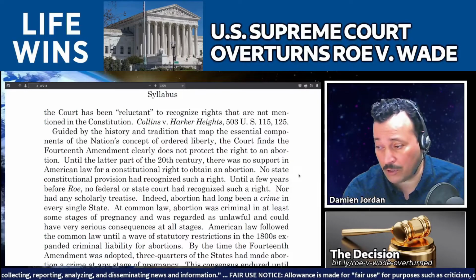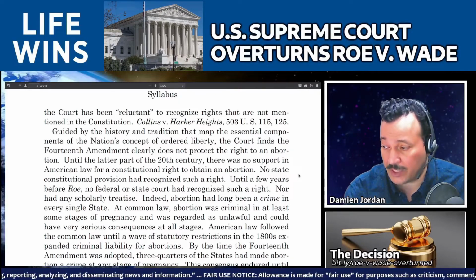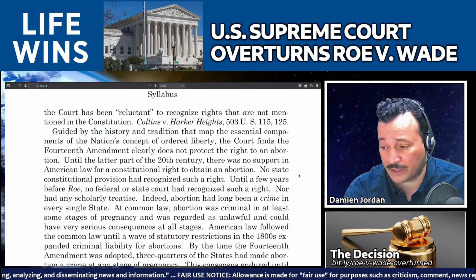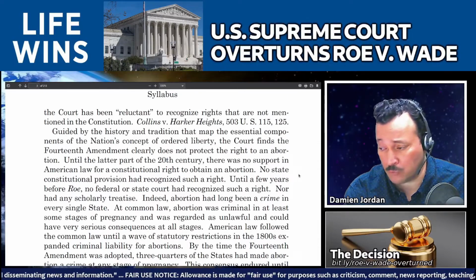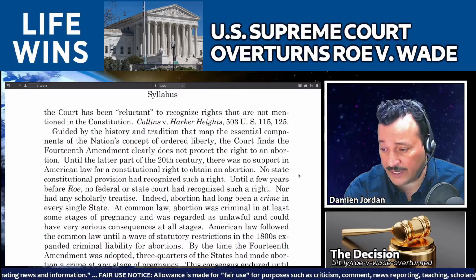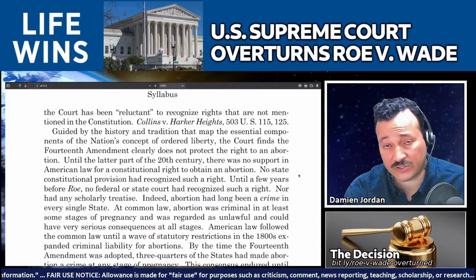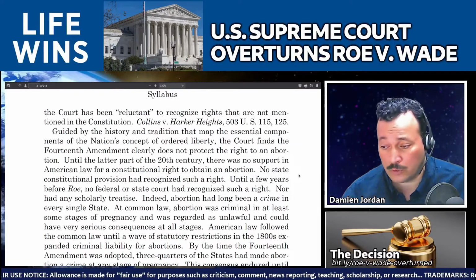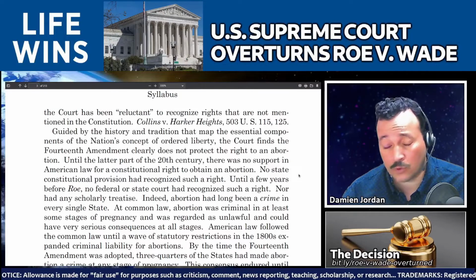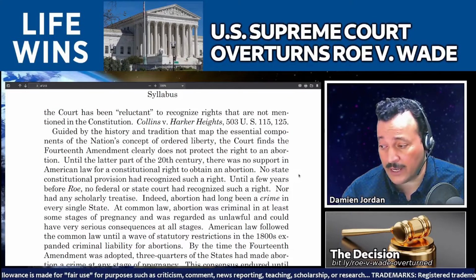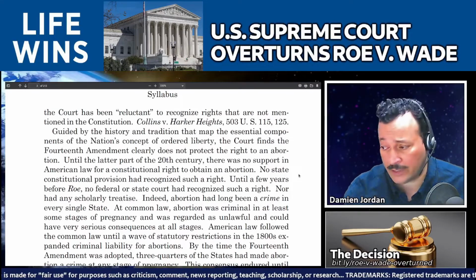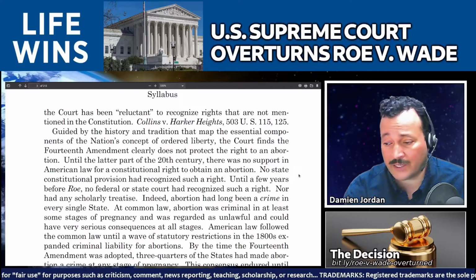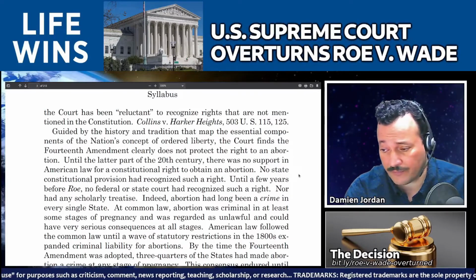Until the latter part of the 20th century, there was no support in American law for a constitutional right to obtain an abortion. No state constitutional provision had recognized such a right. Until a few years before Roe, no federal or state court had recognized such a right, nor had any scholarly treatise.